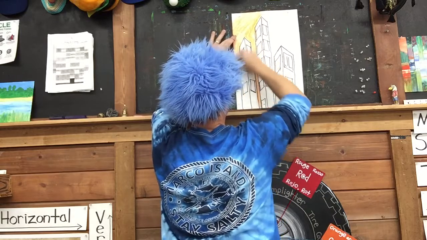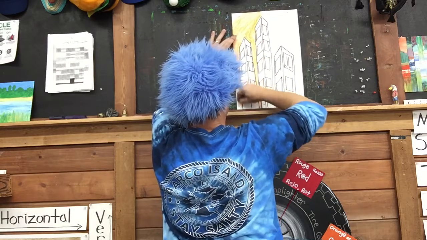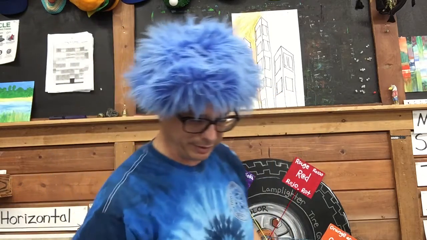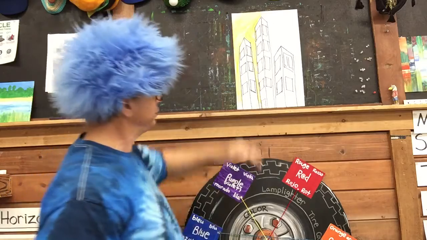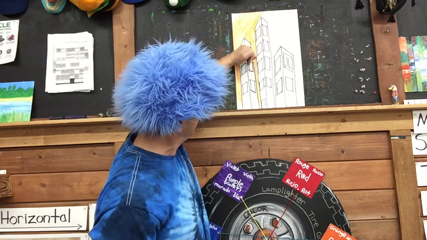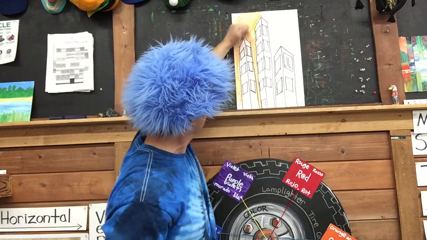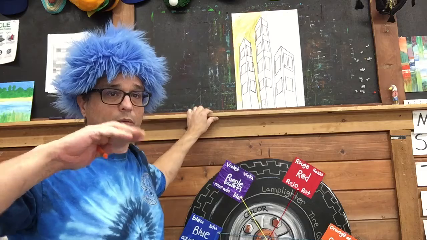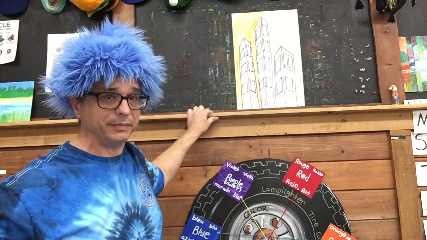You could have maybe an airplane flying through the sky, or one of those things Mr. Mankey really likes called a blimp. But you just want to make sure, even birds would look cool. You just want to make sure that that sky gets in between those buildings. You don't want to leave that space empty, okay?